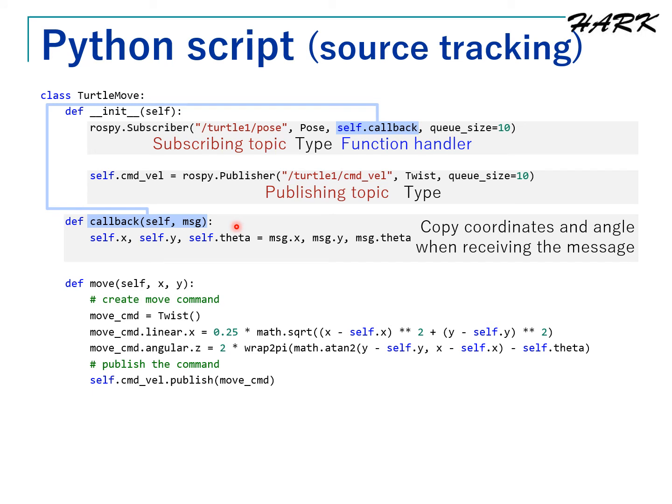This function copies the coordinates and angles from the received data into the fields of the object itself. The last block is a function that creates a move command to the tracking turtle. Here it creates a velocity and turn angles towards the source turtle and then publishes the command.